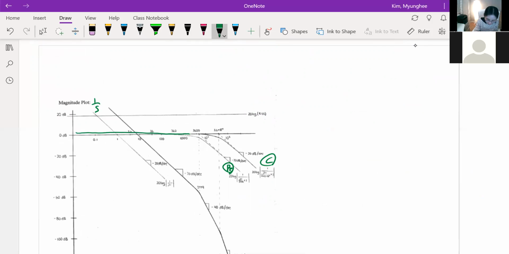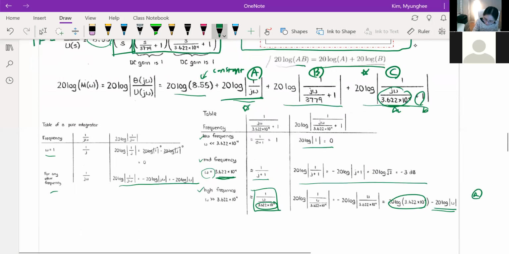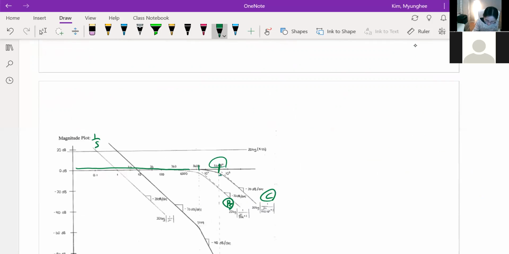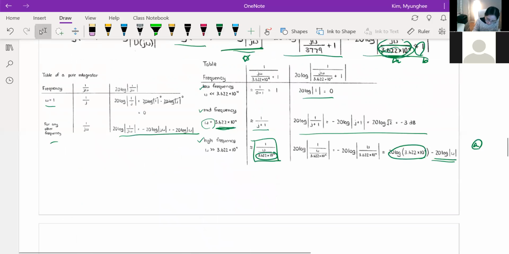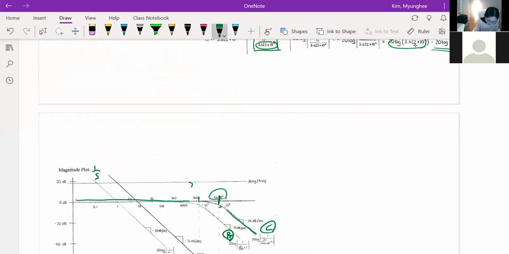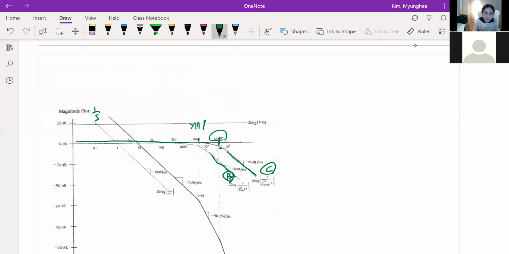When omega becomes high, about the cutoff frequency, the magnitude becomes negative 3 decibel, and starting from there, it decays at negative 20 decibel per decade. The same thing for the other one, but now this frequency becomes 3779, and starting from there, it decays at negative 20 decibel per decade.